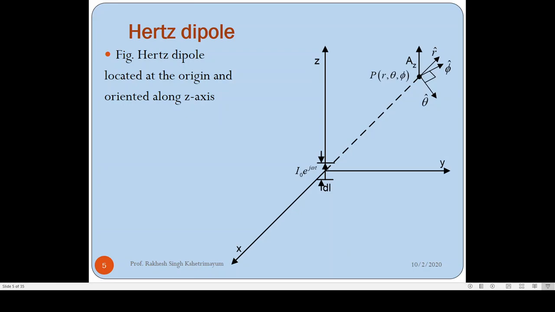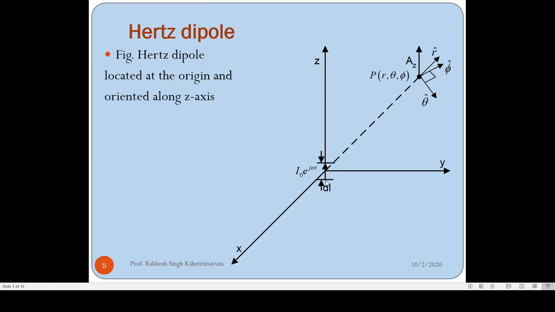Now we are observing the field produced by this small current carrying element at this point P, and we'll consider the spherical coordinate system, which will have r, theta and phi, and these are the directions for the r, theta and phi unit vectors.